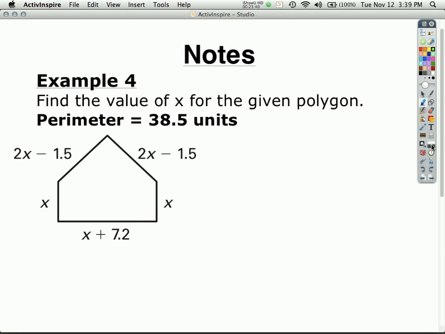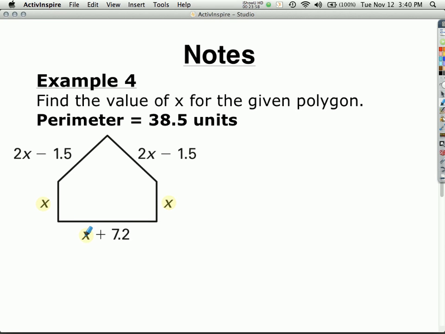We're asked to find the value of x. Now, something Savannah said earlier sparks a thought in my mind. She talked about different variables versus the same variable. When we have an x and an x and an x, we have 5 different x's here, but the value of x is the same for all of them.